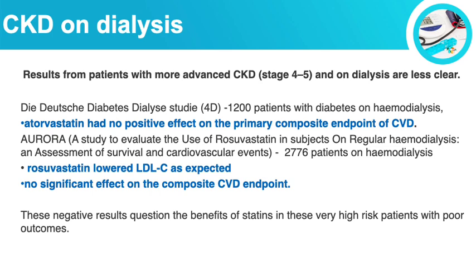The AURORA study, on the other hand, which included 2,776 patients on hemodialysis, showed that rosuvastatin lowered LDL-C as expected. However, there was no significant effect on the composite cardiovascular disease endpoint. These negative results question the benefit of statins in these very high-risk patients with poor outcomes.